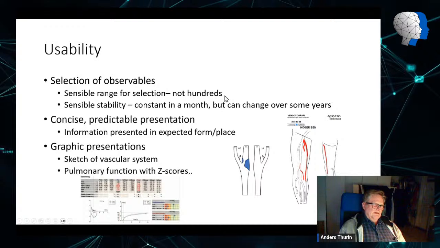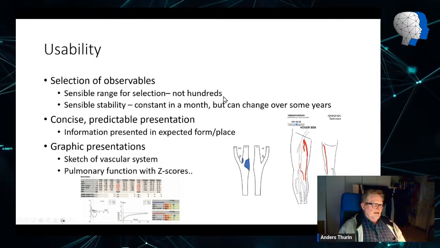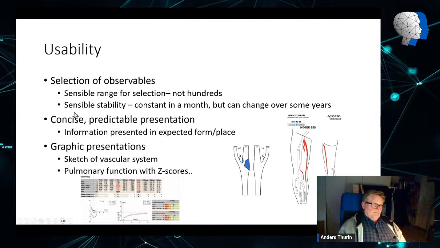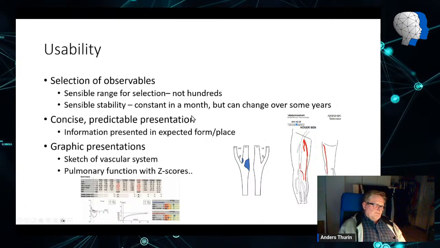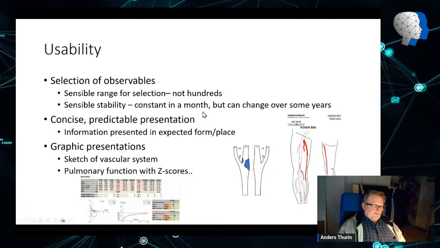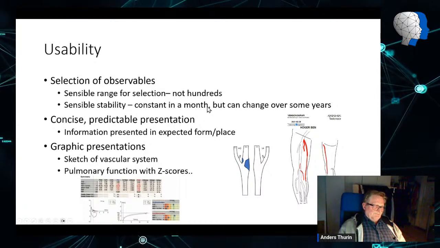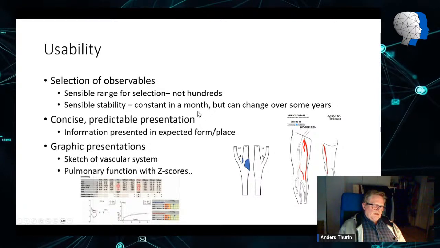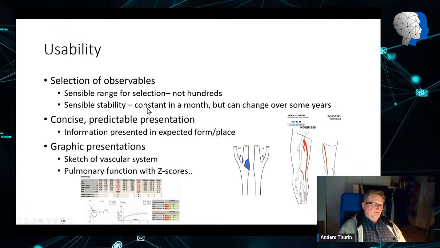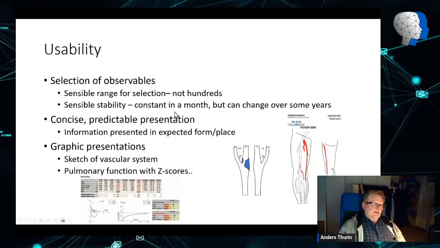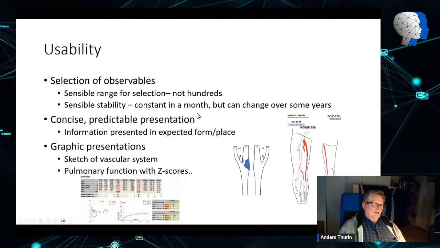You need some limits to what you select. And also you need a reasonable level of stability. For instance, if you have a data entry system, it can't change every week. At least it needs to be stable for a while.